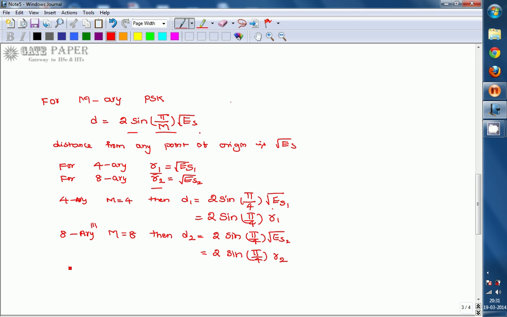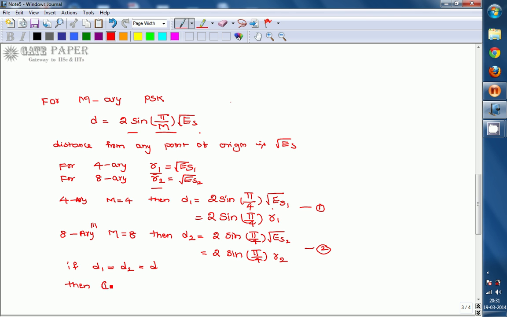If the distances of the two PSKs are the same, that is D1 equals D2 equals D, then this is considered as equation 1 and this is equation 2.